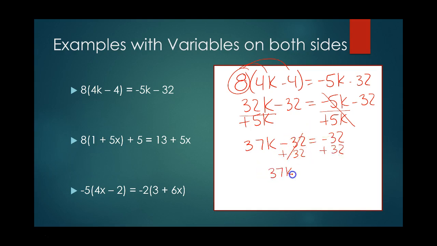I get 37k on the left, but then I also get 0 there. So again, divide by that 37, but you still end up with 0. All right, so this is what we're adding as we build this video through. Okay, let's do a couple more.